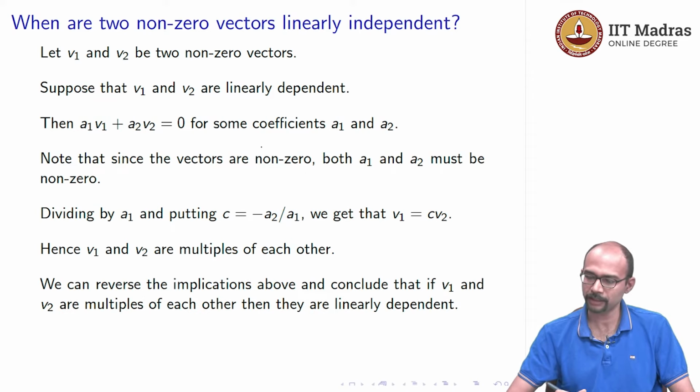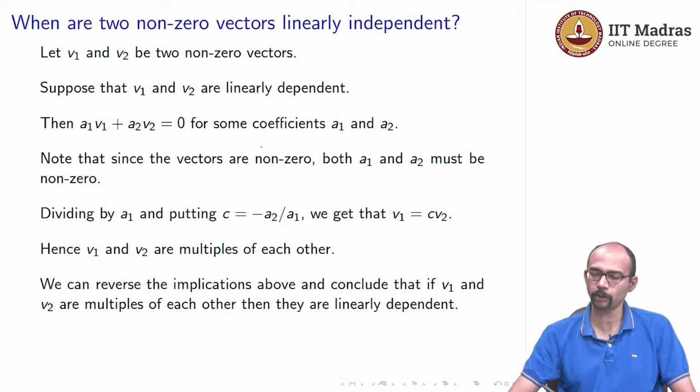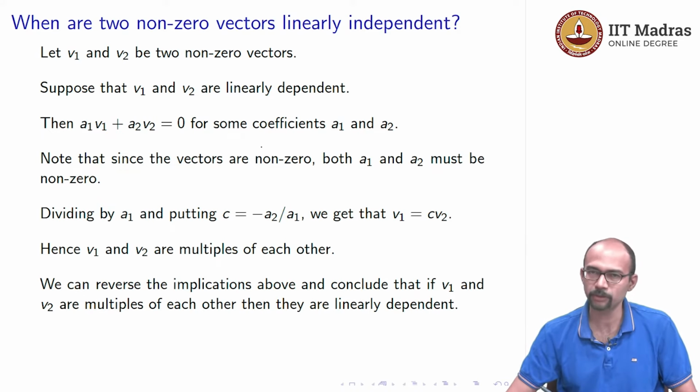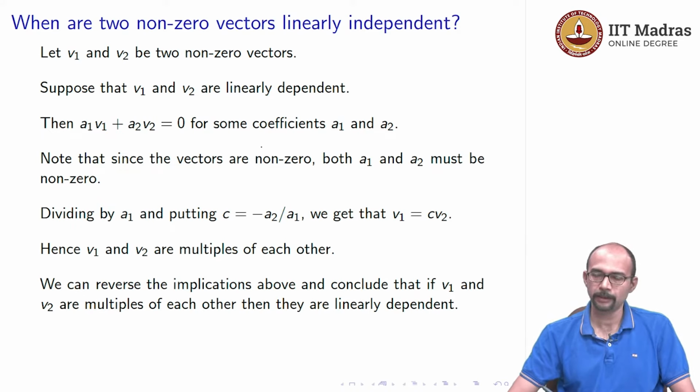So, we can reverse the implications above and conclude that if v1 and v2 are multiples of each other, then they are linearly dependent, right. If v1 and v2 are multiples, then v1 is c times v2 for some c, and then note that c is non-zero because both v1 and v2 are non-zero vectors, and then you can write this as v1 minus c times v2 is 0, and so the coefficients are 1 and minus c, and in fact both of them are non-zero.